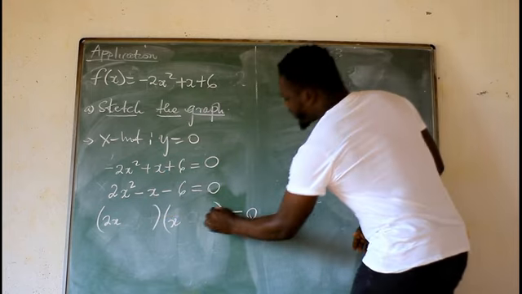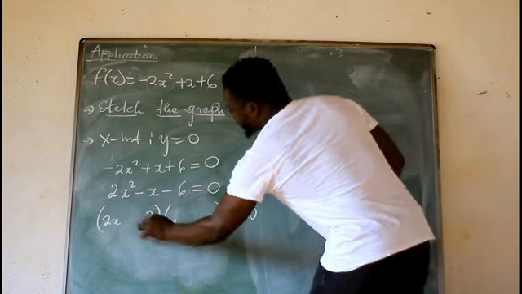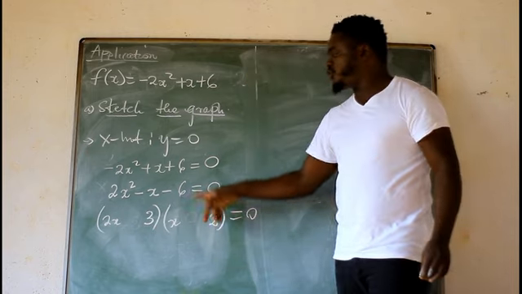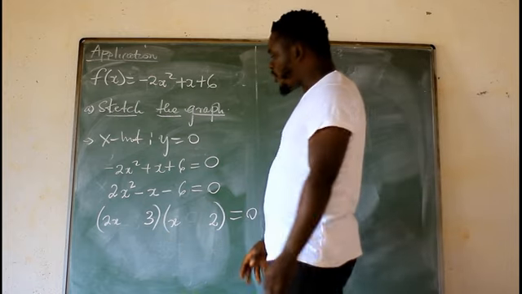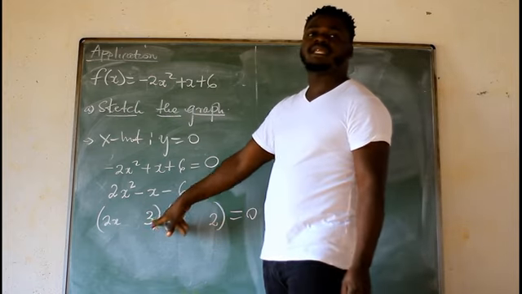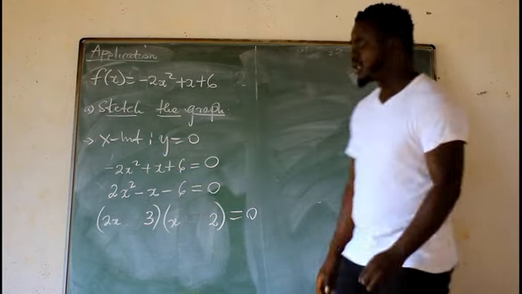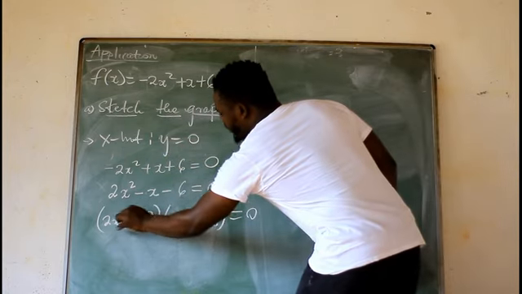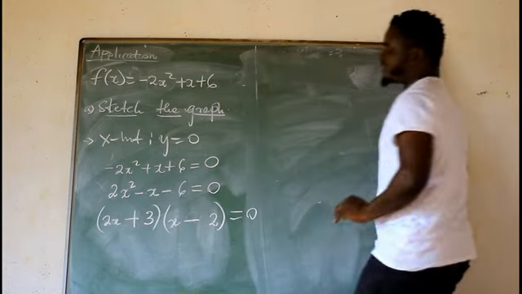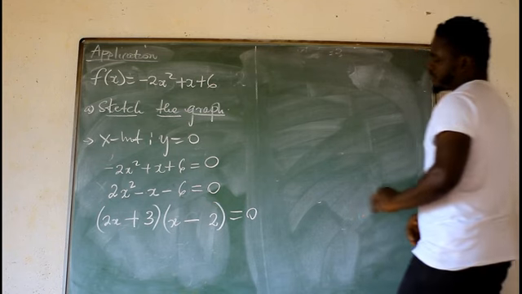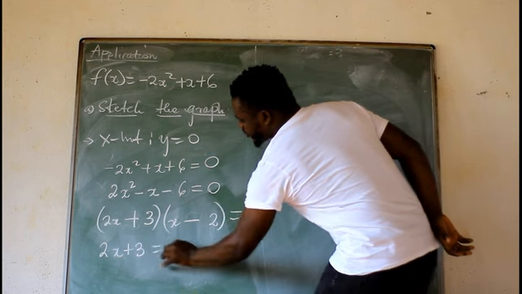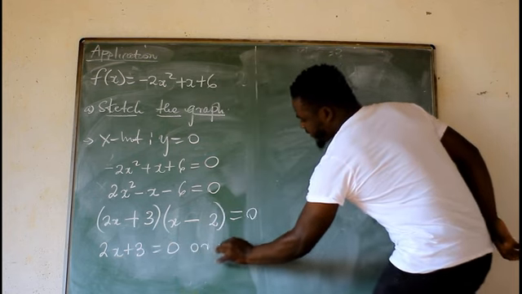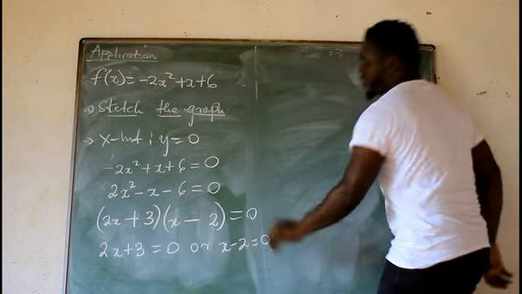If you check, you have 2 and 3. 3 times 2 is 6. 2 times 2 is 4. 4 minus 3 is negative 1. Therefore, you are going to have positive and negative. Now, then you say 2x plus 3 equal to 0, or x minus 2 equal to 0.